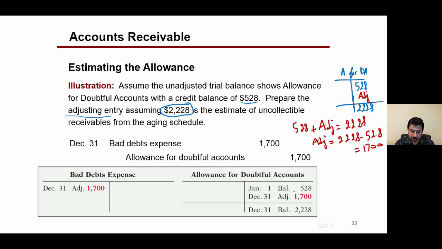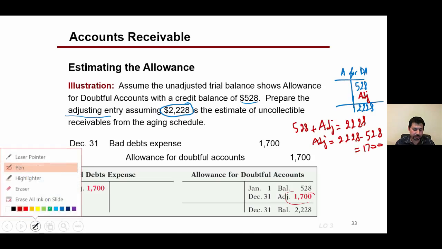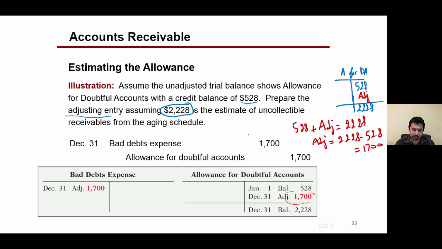It's the adjustment, whereas the amount here, 2228, is the ending balance. So this is the ending balance, 2,228, and the 1,700 is the adjustment.